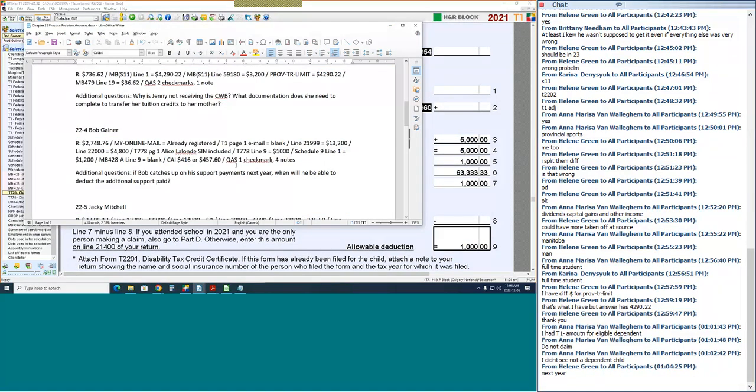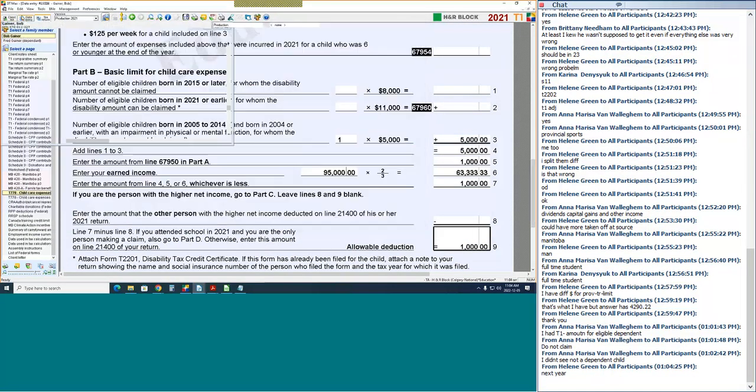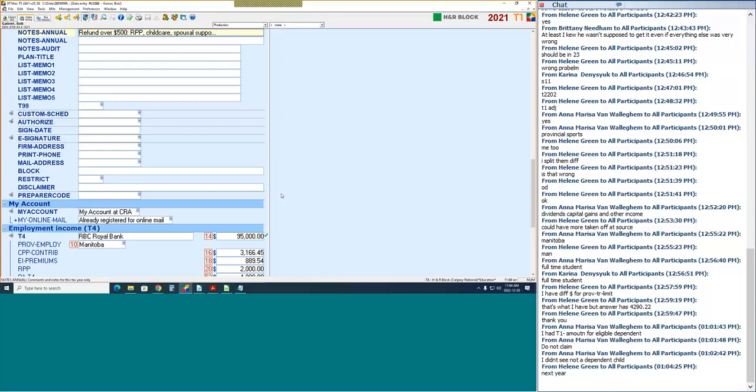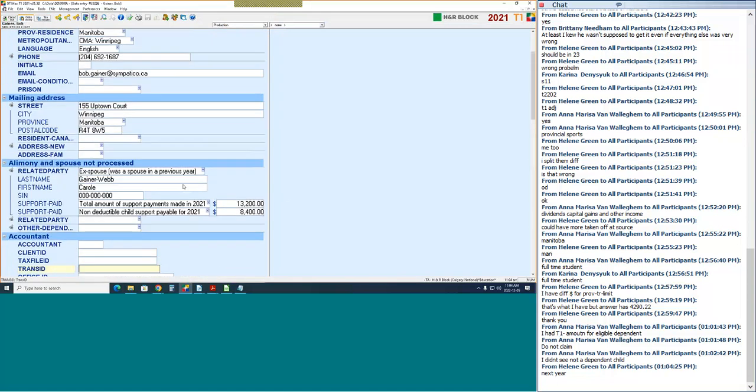Next year, he will get the additional spousal support. The way that would look in the data entry next year is you're just going to take this, multiply by 13 months is what he actually paid, and then the required payment will be the same, and the computer will give him a bigger spousal deduction.